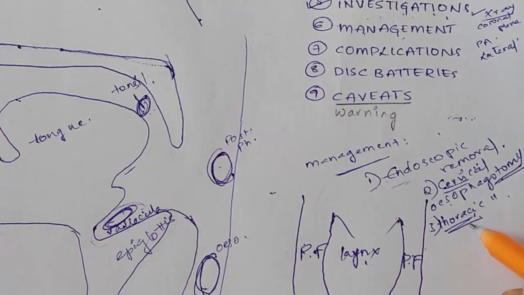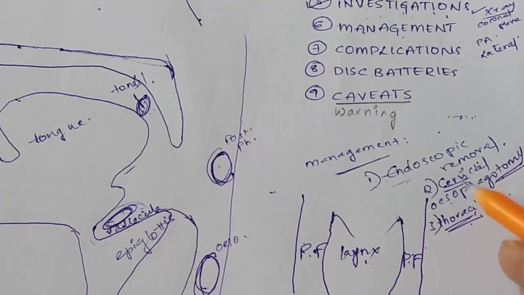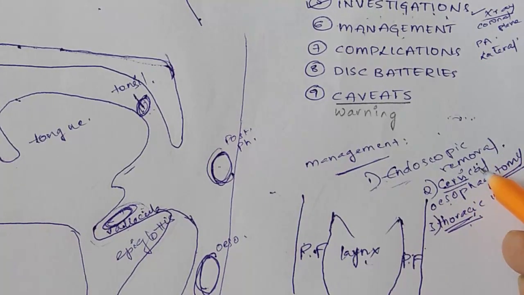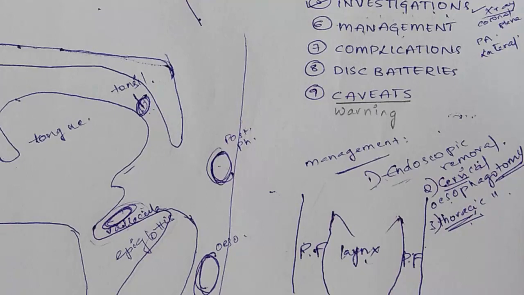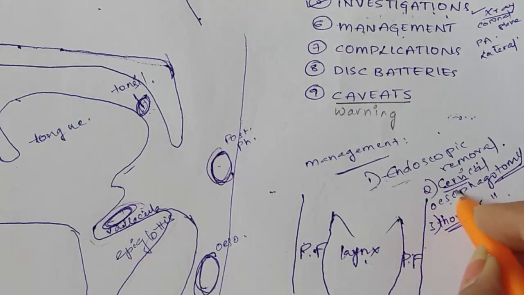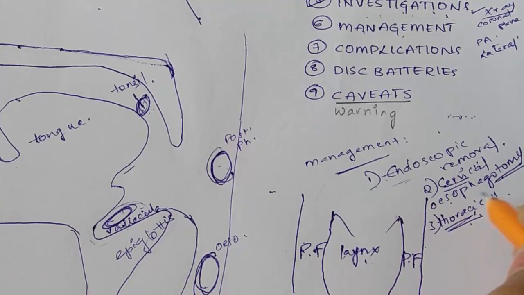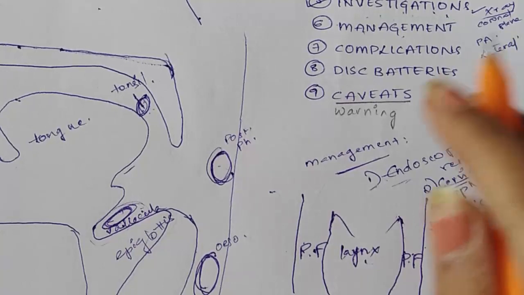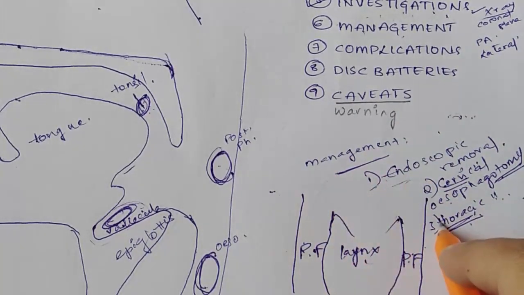This esophagotomy will depend on the site of the foreign body. If it is in the cervical part of the esophagus, we will do cervical esophagotomy. If it is in the thoracic part, we will do thoracic esophagotomy. In that way we will manage that.